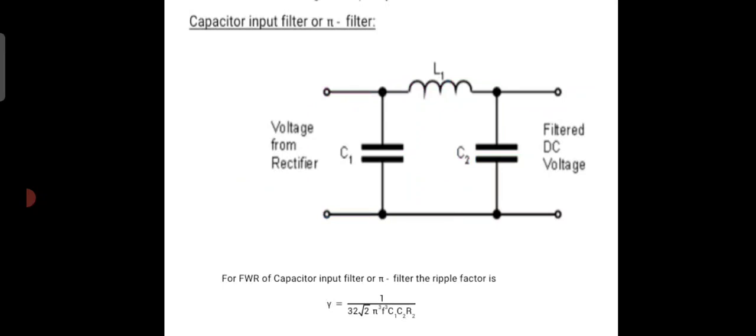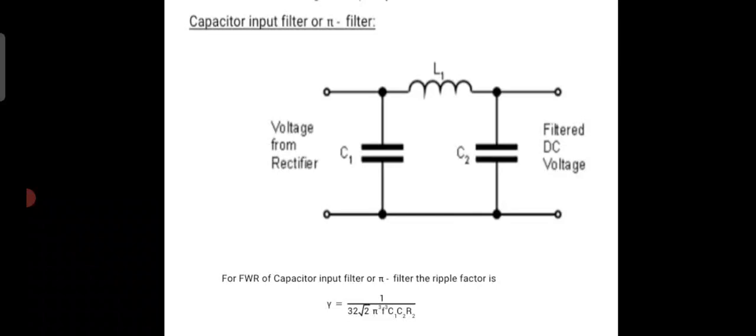Which means initially when the output of a rectifier comes to the capacitor C1, it will absorb the larger amount of AC signal, but there will be no allowing of DC signal, or there will be a high resistance towards the DC signal and low resistance to the AC signal across C1.